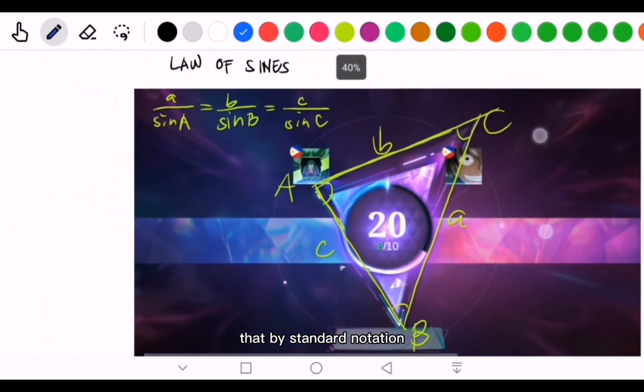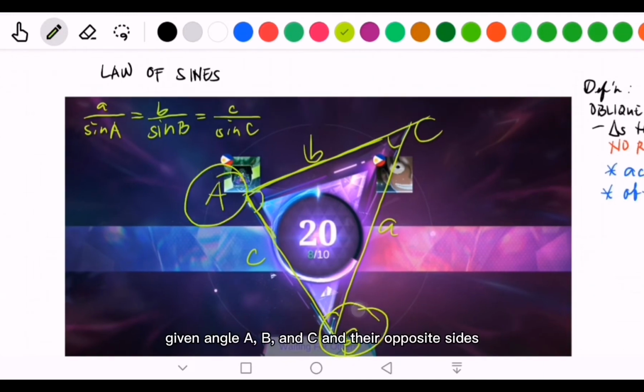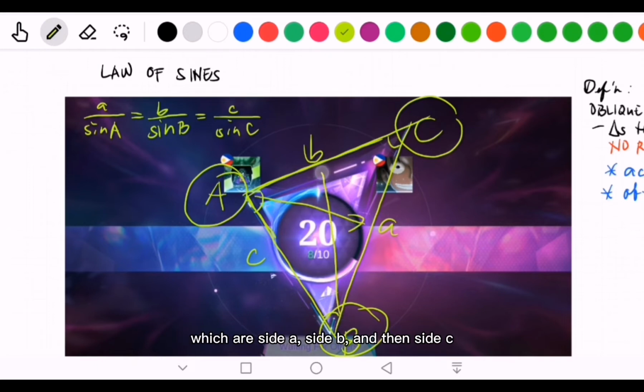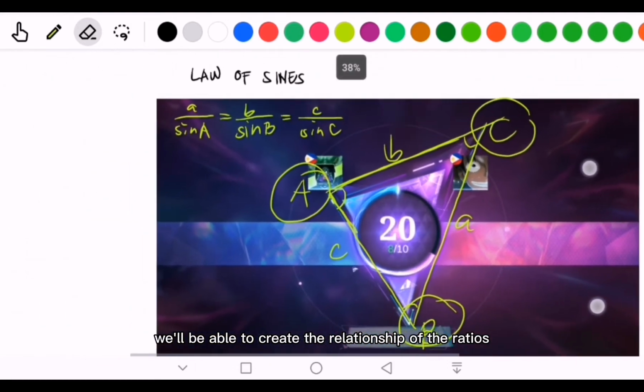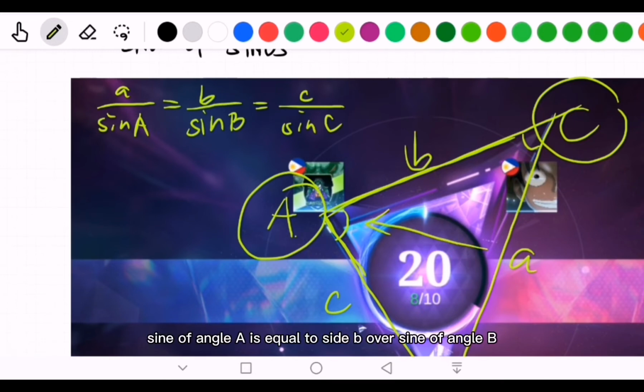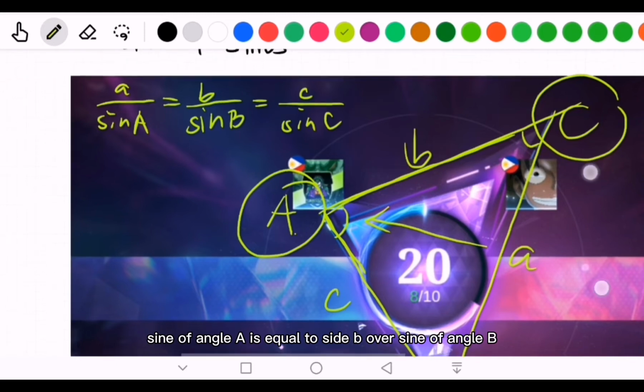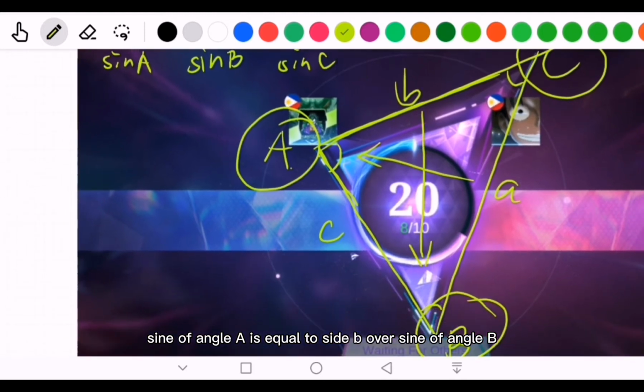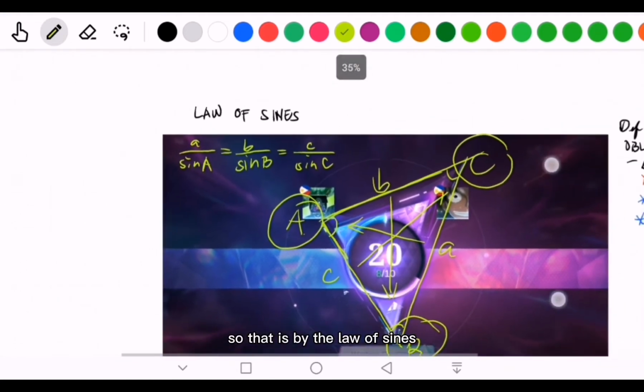By standard notation, given angles A, B, and C and their opposite sides, side a, side b, and side c, we create the relationship of the ratios of the opposite side and the angle: side a over sine of angle A is equal to side b over sine of angle B, and then side c over sine of angle C. So that is the law of sines.